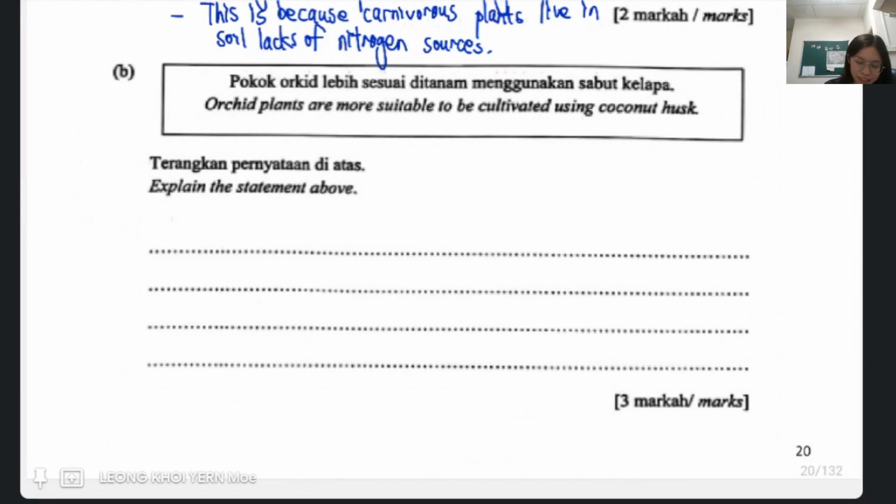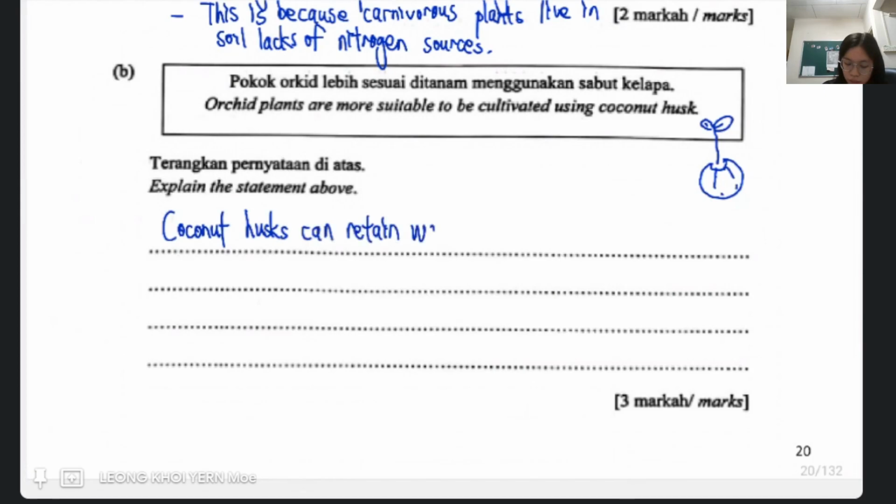When you plant the orchid in a coconut husk, I'm not really good at drawing, but this is the coconut husk. What can it do? It can keep the water, or in a better phrase, retain water for the orchid plant.